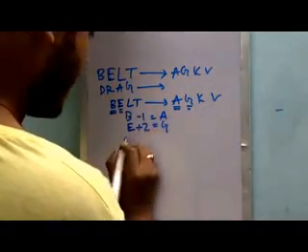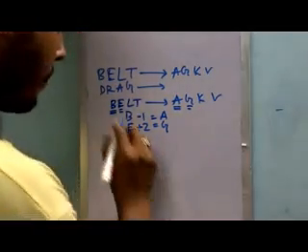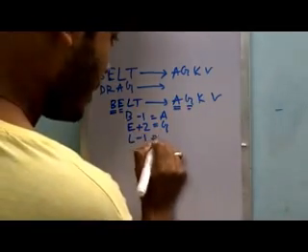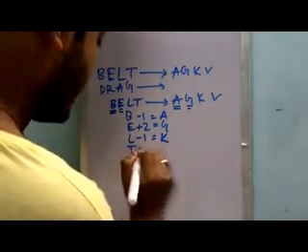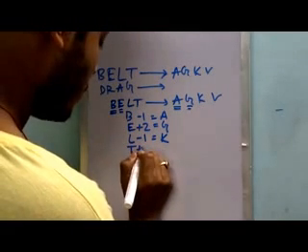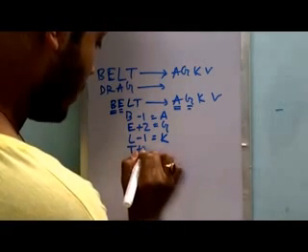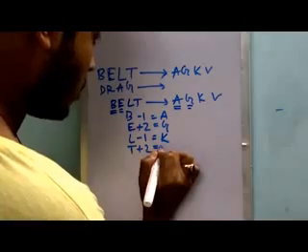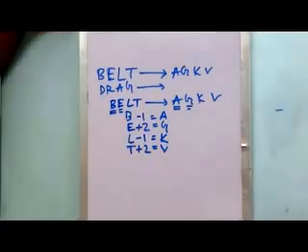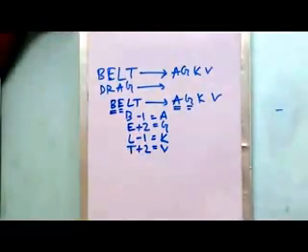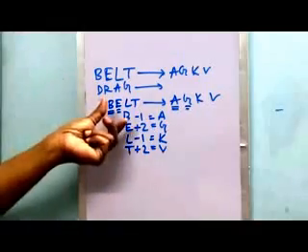Similarly, L minus 1 equals K, and T plus 2 equals V. So minus 1, plus 2 is the relation between the coded and decoded version.